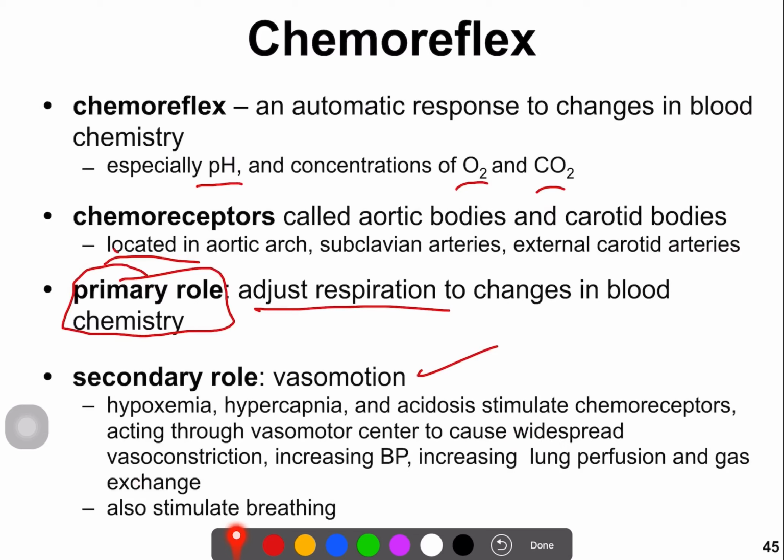So think about if I'm going to have a lot of the blood vessels constrict, the total container size for the blood is going to shrink, and therefore, not surprisingly, I'm getting an increase in BP. Now, why is the body trying to do this? By increasing BP, it would hopefully increase lung perfusion. So if I get more blood going to the lungs, I'll hopefully get more gas exchange. And it also seems to stimulate breathing in addition.